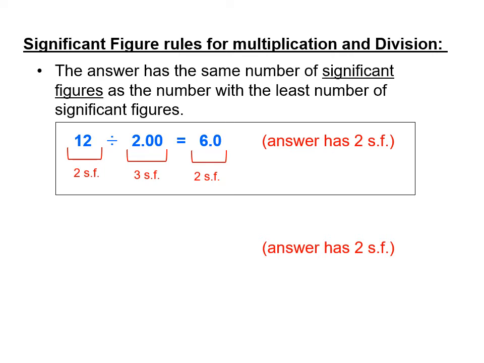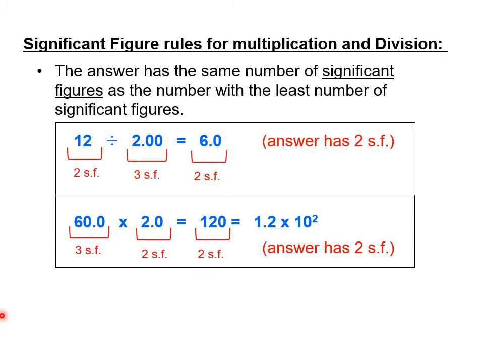The reason it would only have two significant figures is because the 12 has two significant figures, and that's less than the three significant figures of the 2.00. So my final answer has the same number of significant figures as the number with the least number of significant figures. In this case, 2.